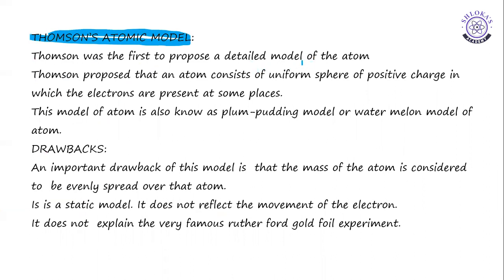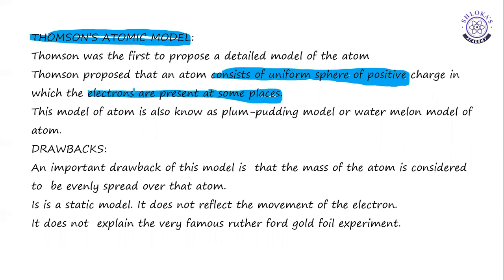He was the first scientist who discussed the arrangement of subatomic particles within the atom. And he proposed that an atom consists of a uniform sphere of positive charge. Already I have told that the positive charge is uniformly distributed throughout the sphere, in which the electrons are present at some places.